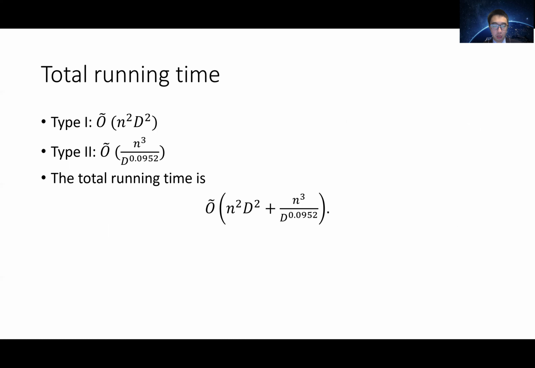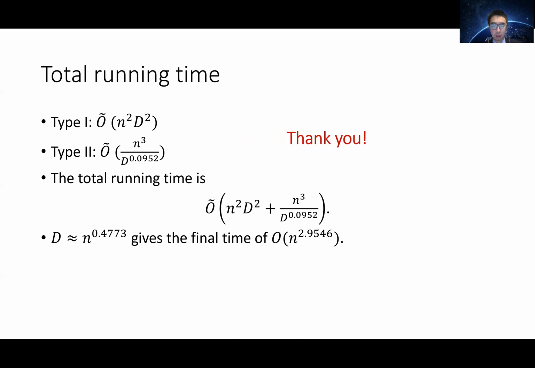Therefore, the total running time is O(n) squared d squared plus n cubed divided by d to the 0.0952. We can set d to be approximately n to the 0.4773. And this gives us the final running time of O(n) to the 2.9546. This concludes my talk. Thank you.